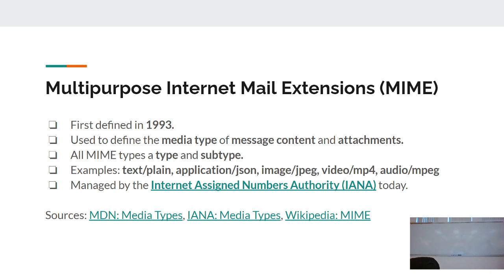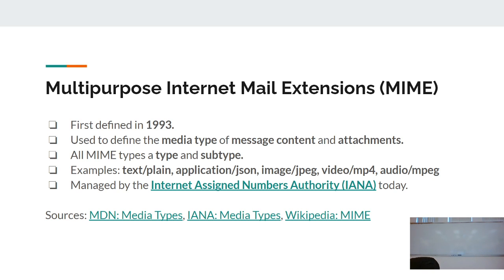Every MIME type starts with what we call a type and then a subtype. So what kind of thing is it, and then categorized under there, the more specific. The general types that exist are text, image, video, audio, font, and I think there's a few others. Application is the kind of catch-all.